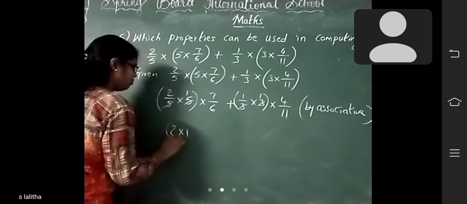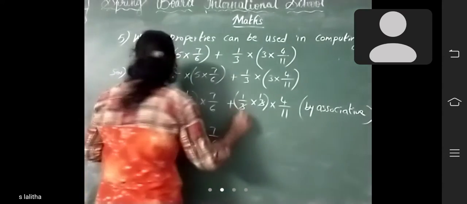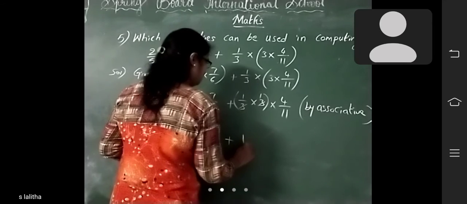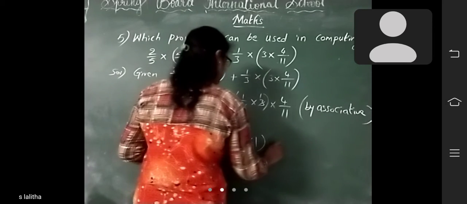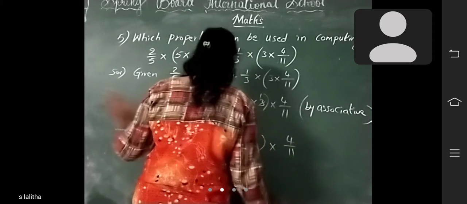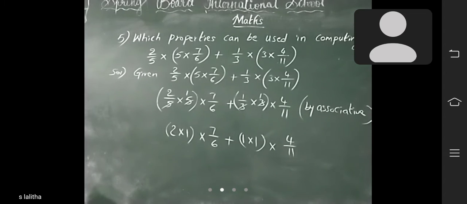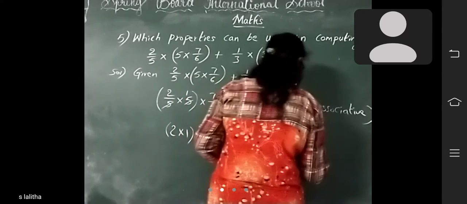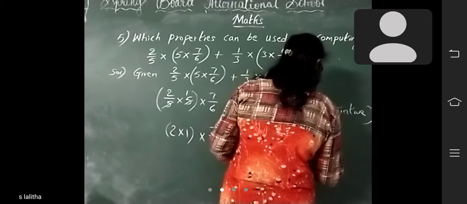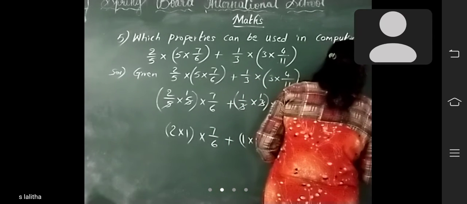So 2 into 1 into 7 by 6 plus 1 into 1 into 4 by 11. So here which property are we using? By multiplicative inverse.